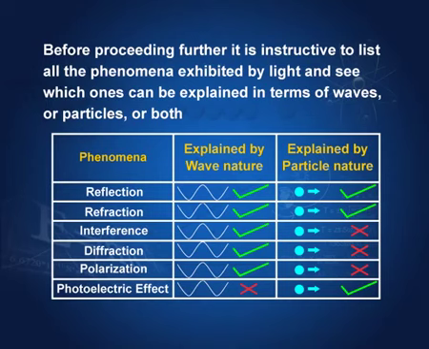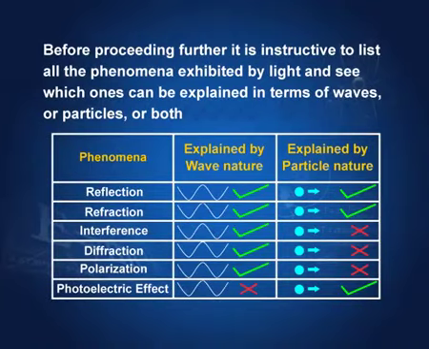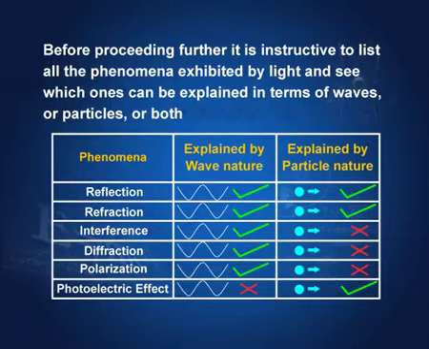We did reflection and refraction on the basis of Huygens principle and saw that Huygens principle does explain the phenomena of reflection and refraction. Interference, we found only wave theory can explain interference, because the waves depending upon their phase difference will interfere either constructively or destructively to give us the interference pattern.